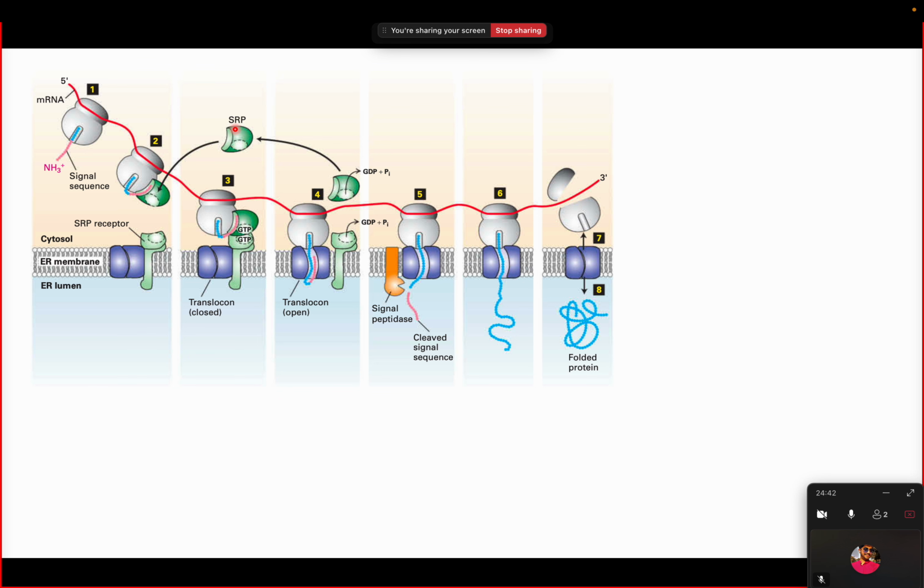The translating protein complex which has the signal peptide gets bound to it, pulls the whole translating subunit along with the mRNA to the ER membrane, gets attached to the SRP receptor, and leads the translation of this protein inside the lumen of the ER membrane.